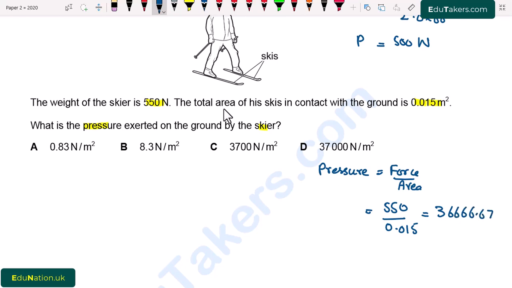In the options we are given A 0.83 Newton per meter square, B 8.3 Newton per meter square, C 3700 Newton per meter square, D 37,000 Newton per meter square. So from here it will be equal to 37,000 Newton per meter square. That is the closest answer, so D is correct.